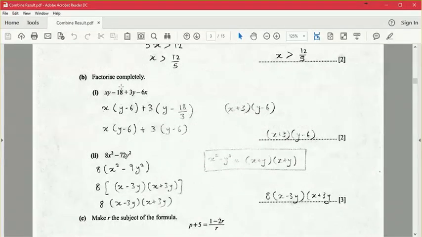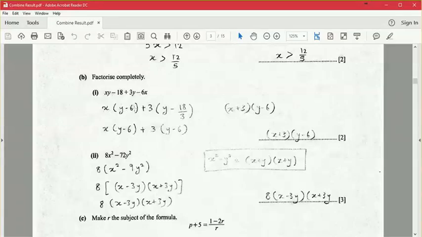Then here he asks to factorize completely xy minus 18 plus 3y minus 6x. To factorize it, we'll look here at xy and 6x. We'll take a common factor x, then y minus 6.